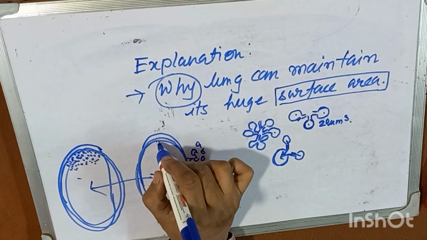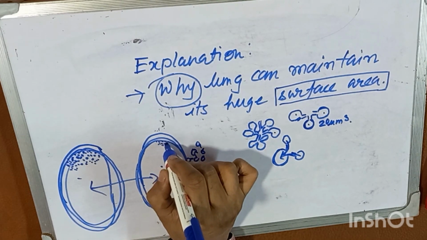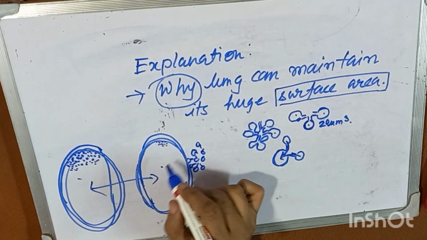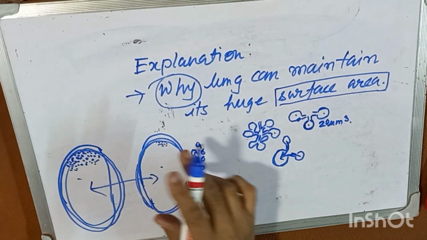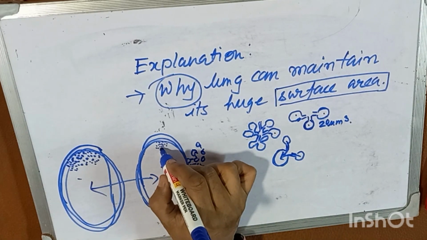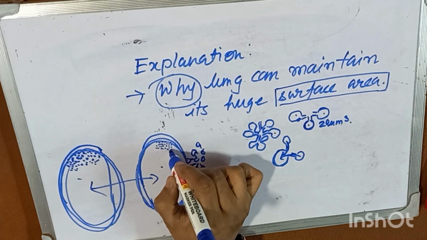So the more the number of smaller alveoli, the more the surface. Just imagine the frothing of soap bubbles over water: the more bubbles, the more surface area.